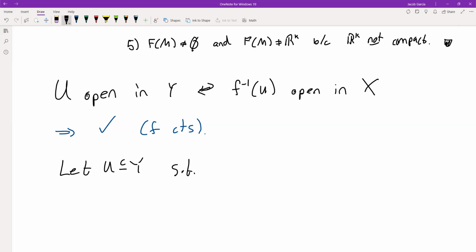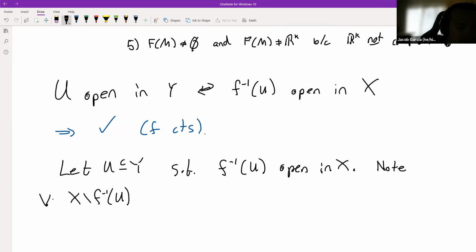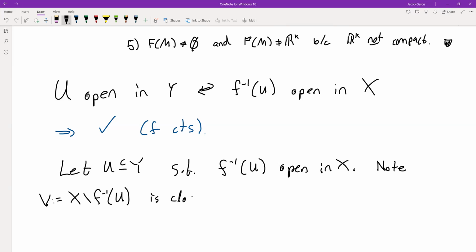And so for that, if f inverse of U is open, then its complement is closed in the compact metric space. So its complement is compact. I'm going to define this set to be equal to V, okay? Yeah, so V is closed in a compact space. So V is compact.